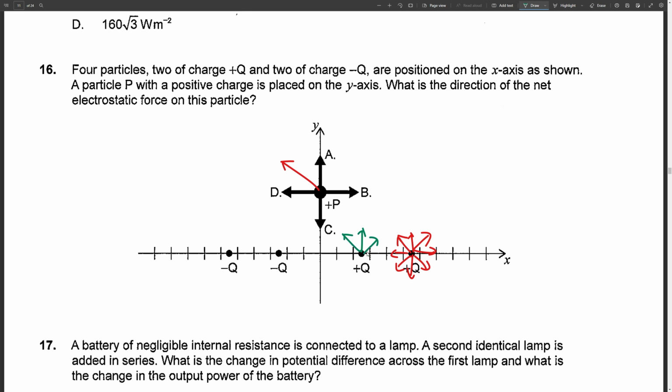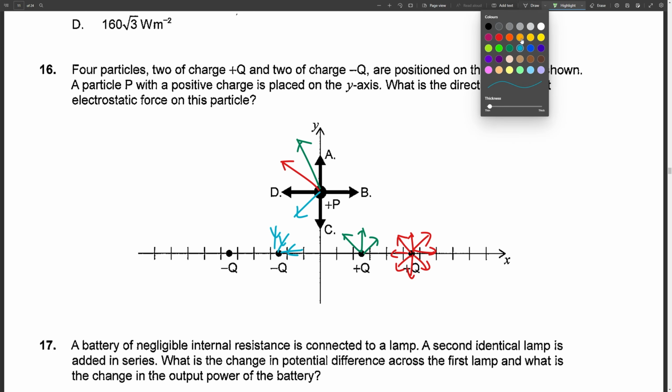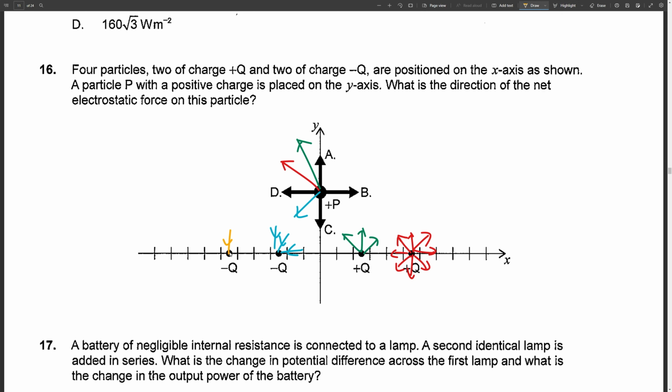Q over here is outward and it's going in this direction. But on the left hand side, they are negative charges, so they are creating a negative radially inward field. So it's in this direction. And lastly, the furthest left is radially inward, so it's going in this direction as well.